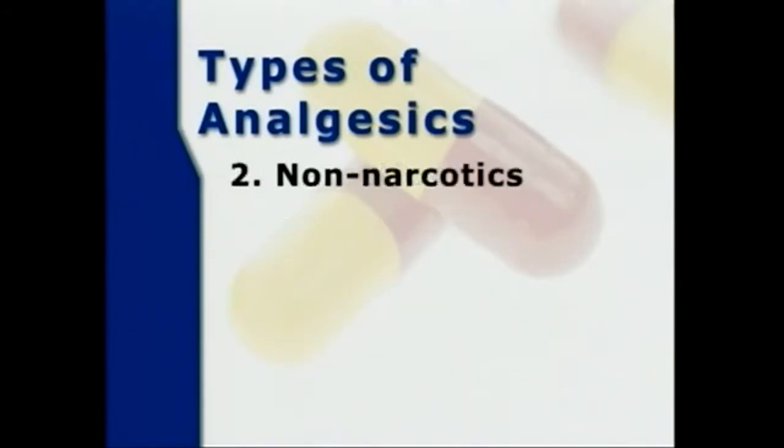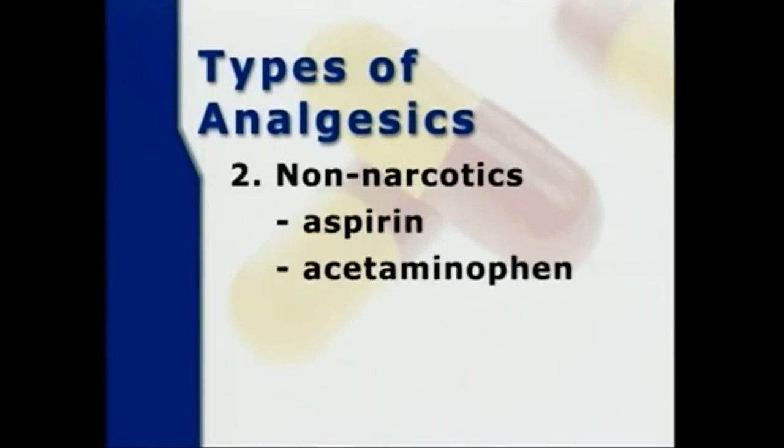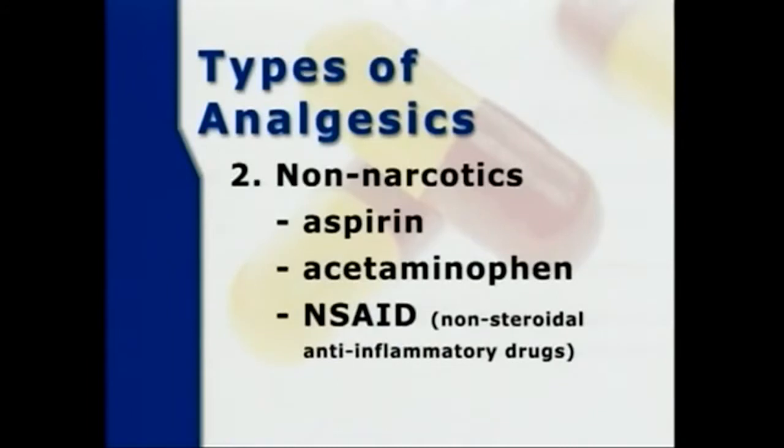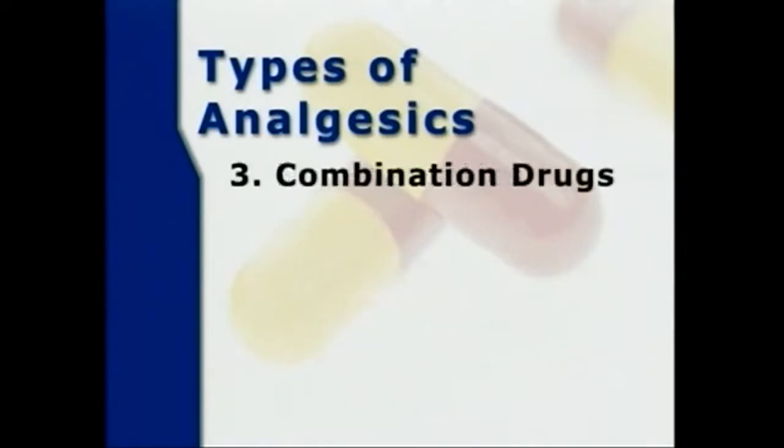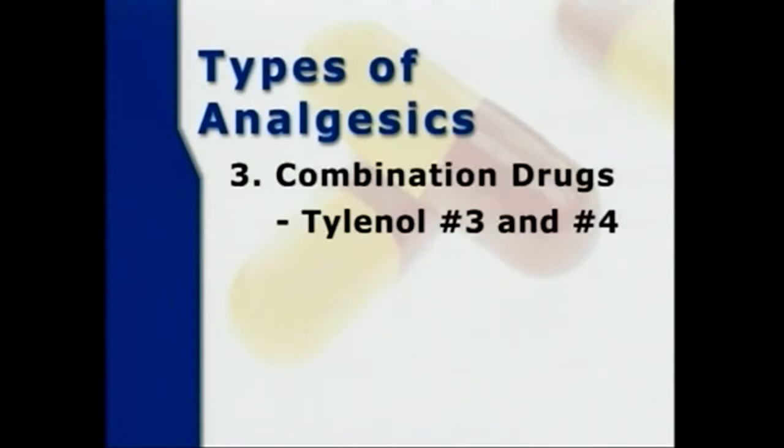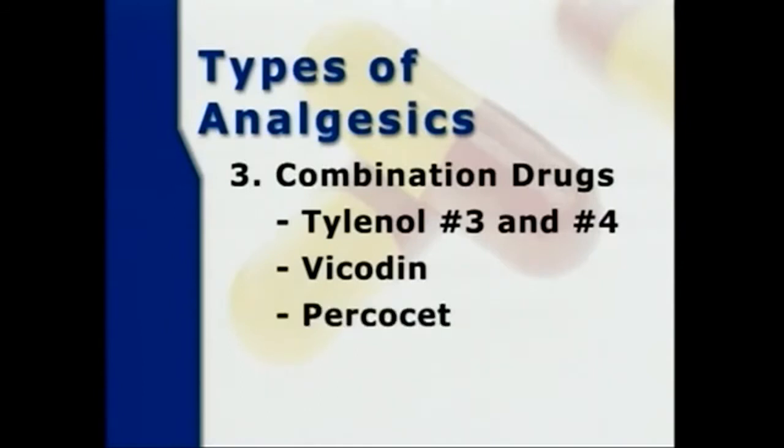While non-narcotics include aspirin, acetaminophen, as well as the non-steroidal anti-inflammatory drugs such as ibuprofen and naproxen. Typical combination drugs include Tylenol number 3 and 4, which is Tylenol combined with codeine, as well as Vicodin, which is a mix of acetaminophen and hydrocodone, and Percocet, which is acetaminophen and oxycodone.